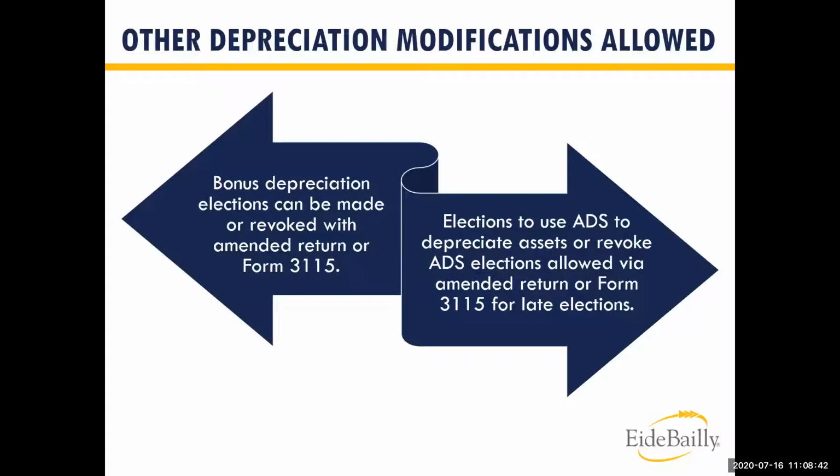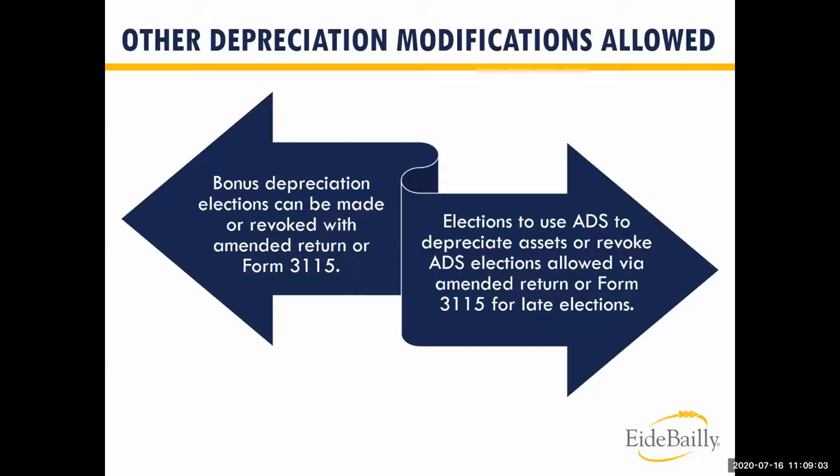They may now want to revoke that election with respect to one or more asset classes, or alternatively, maybe they took the bonus depreciation but decide now they don't want to because of some of the other changes in tax laws and situations that have arisen because of COVID.